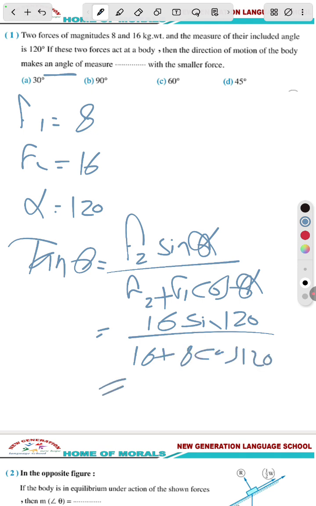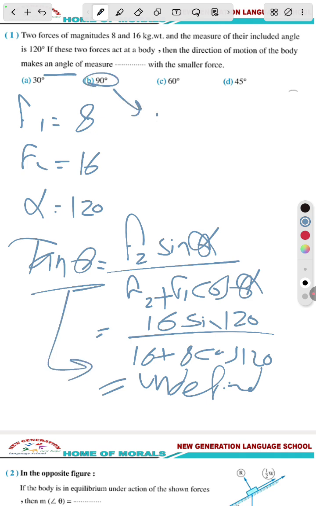By using the calculator, it will be undefined. In case of tan theta equal undefined, theta equals 90 because tan 90 is undefined. Okay.